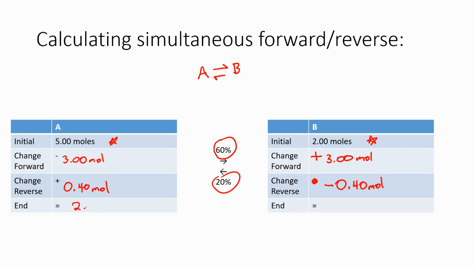I'm left with 2.4 moles of A. And I'm left with 2 plus 3 minus 0.4, 4.6 moles of B.